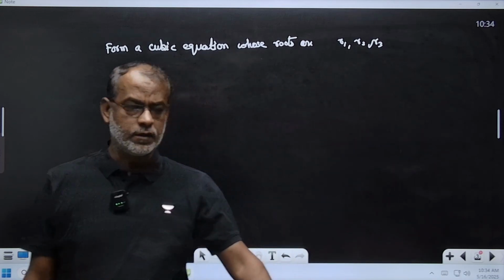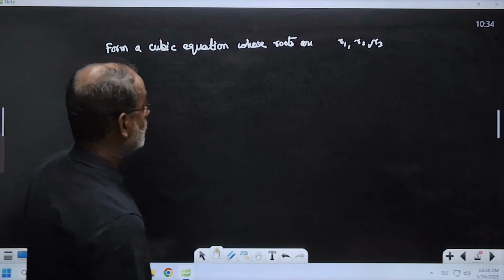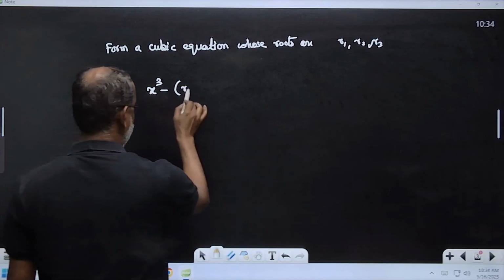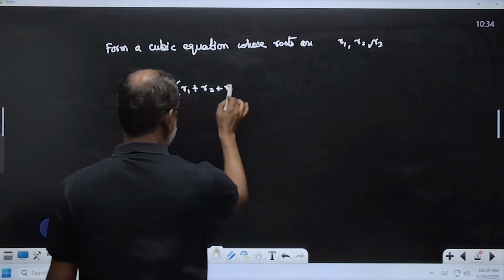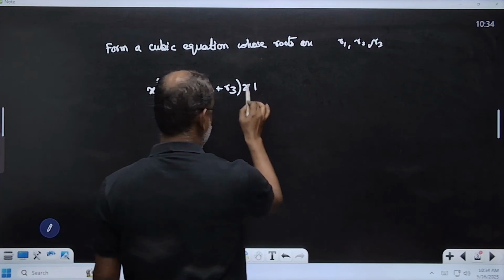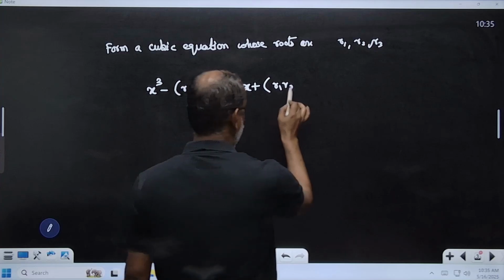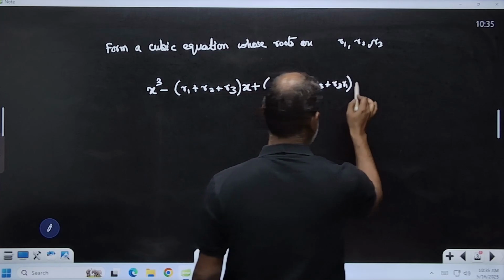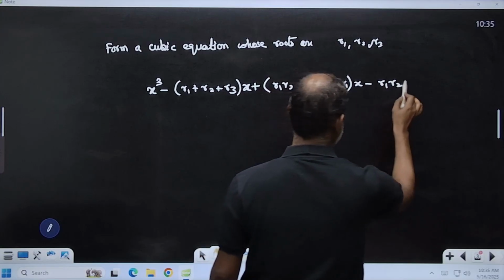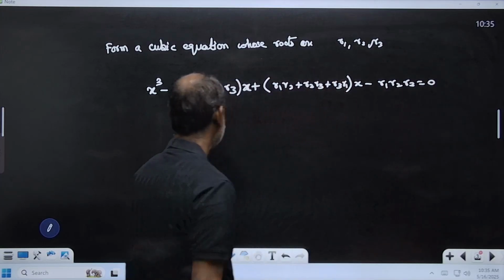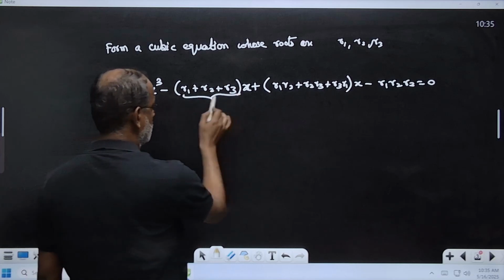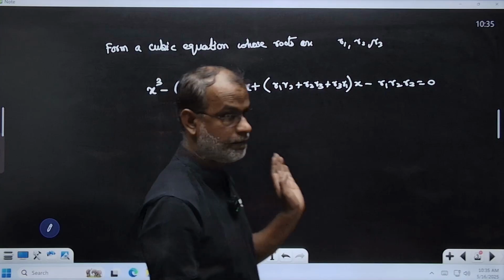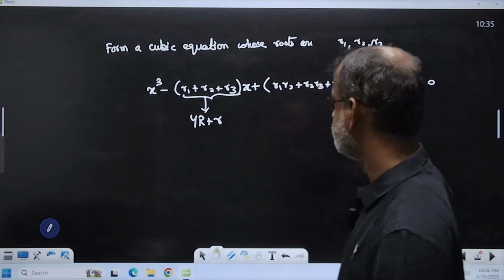Sorry, r1, r2, r3, so that will be a cubic equation. So, x cube minus (r1 plus r2 plus r3) x square plus (r1 r2 plus r2 r3 plus r3 r1) x minus r1 r2 r3. Here the sum we write as 4R plus r, from our previous question that we did.